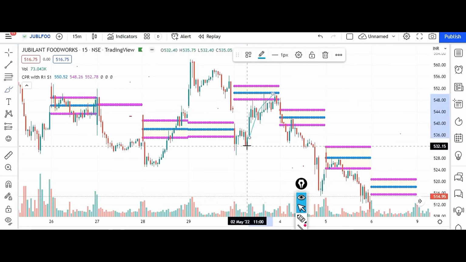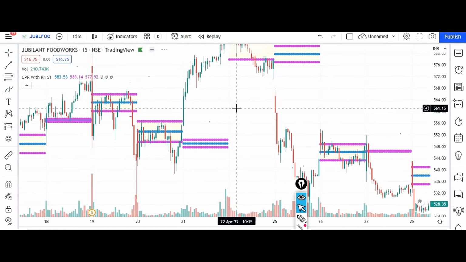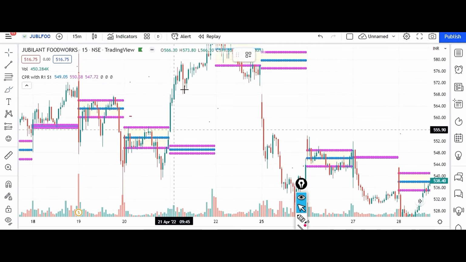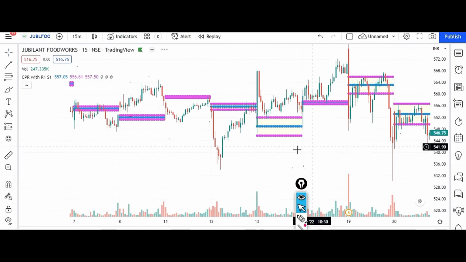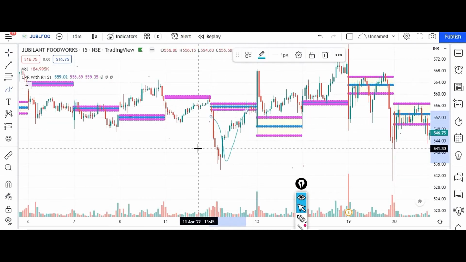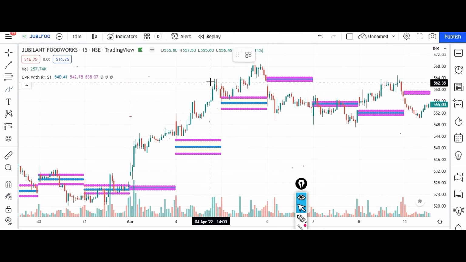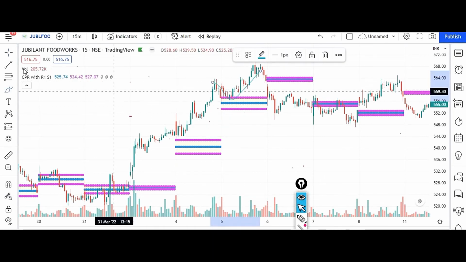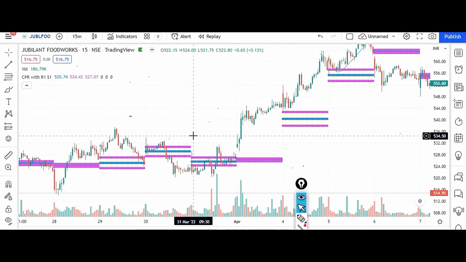It didn't go like this, it came to this level. See, price broke, it went up. Here price reversed here. Here you see price opened here, touched this level and reversed. Let's move to next chart.